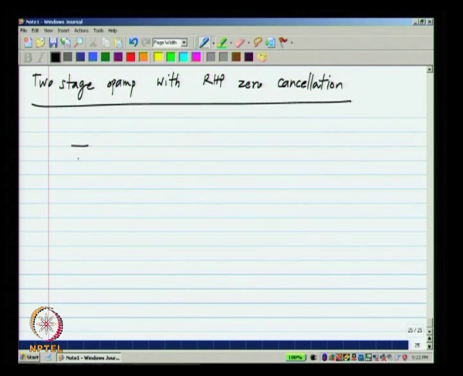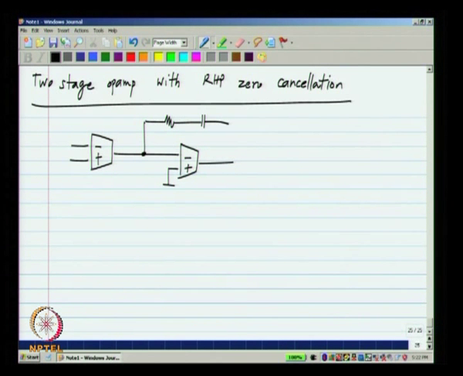So, here then is the topology of the two stage op amp with a right half plane 0 cancellation.